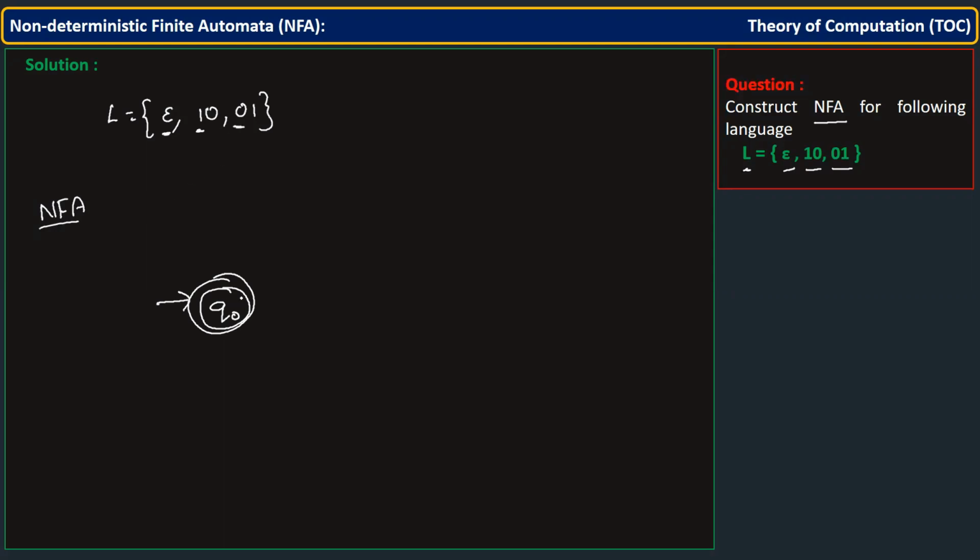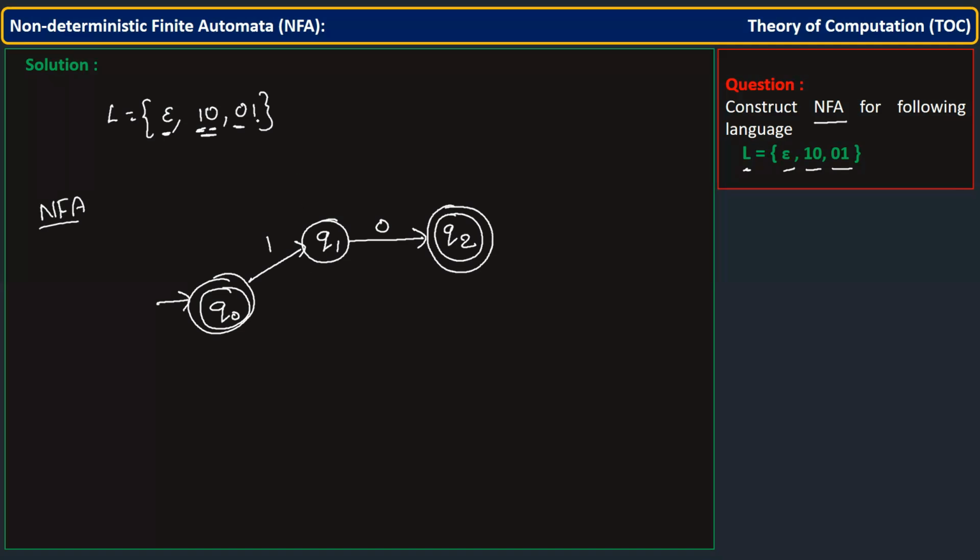From the initial state, starting with 1, it goes to Q1. Then if you get 0, it goes to another state Q2. This must be a final state because being at Q2 means you already have 1, 0, right? That is why Q2 must be the final state.